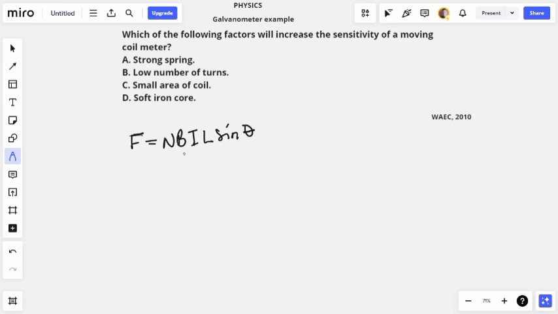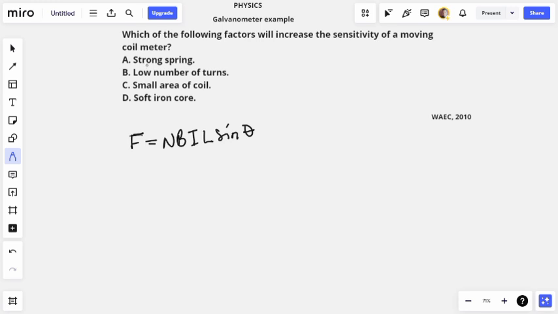What this formula represents is that an increase in number of turns will increase the sensitivity, an increase in the magnetic field will increase the sensitivity, an increase in current will increase the sensitivity, and an increase in length of the conductor will increase the sensitivity. If the angle is 90 degrees, sine 90 is 1, which gives the maximum. Anything other than 90 degrees will not yield that.